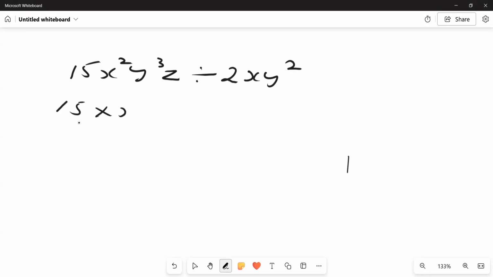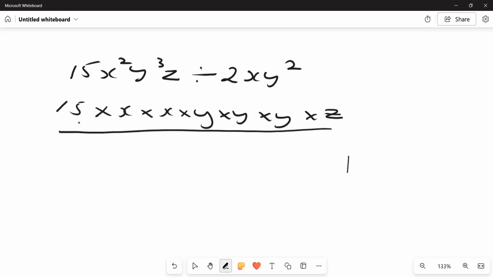15 cannot cancel with the 2. Y cubed is y by y by y, like I said. This is a set, I'll put a stroke through it. 2 times x times y by y. So you leave it like that.